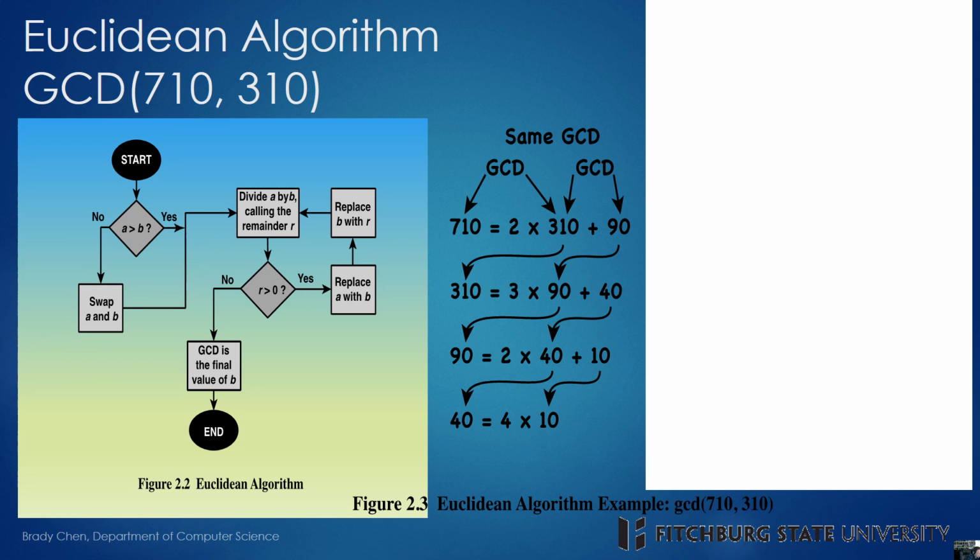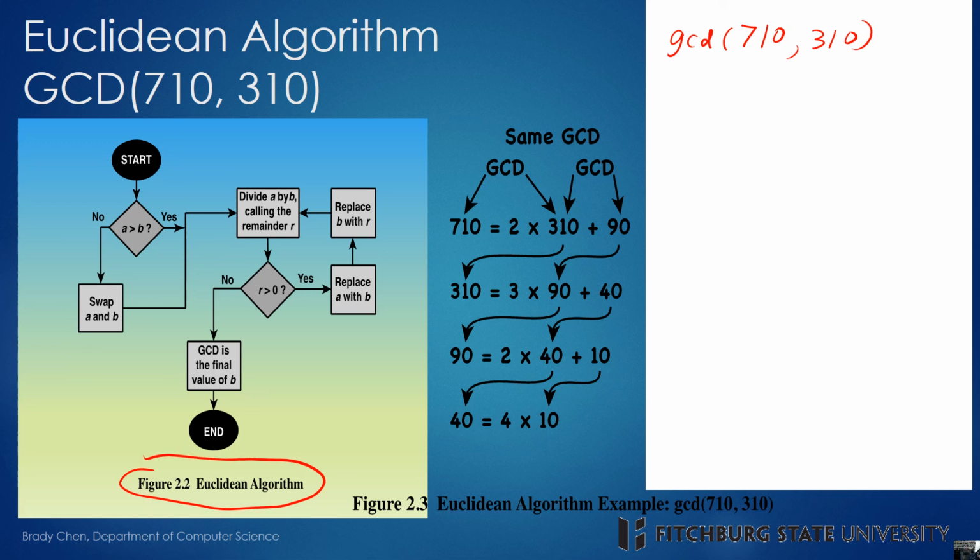The idea is, in order to find the GCD of 710 and 310, we just need to repeatedly use the algorithm we just discussed previously. So let's first look at the diagram. Let's understand how we can do this.